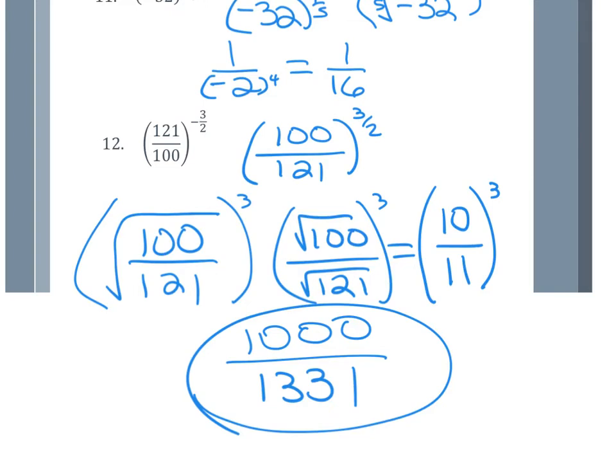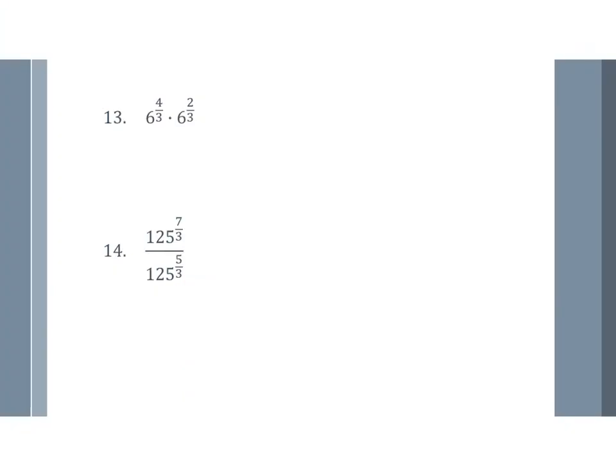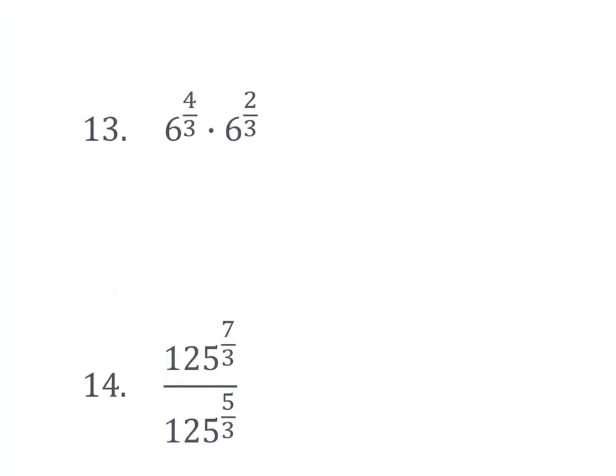The next few examples are just applying those exponent rules and properties that we learned back in R3. So we'll practice those, but they're going to have fraction exponents. So notice here, we're going to apply the product rule.